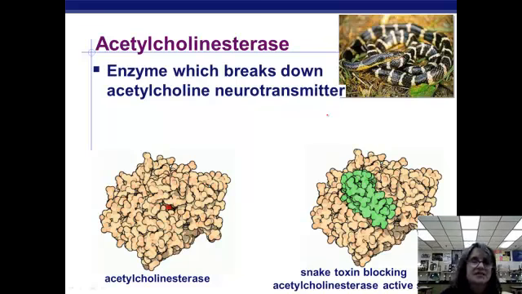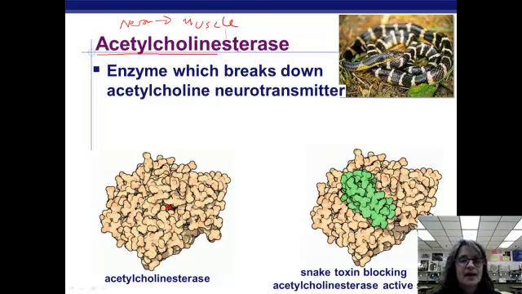Let's look at this. Acetylcholinesterase. Good Lord, that's a big word, but really, it's not that big a deal. All right, acetylcholine is a neurotransmitter that jumps from a neuron to a muscle cell. Okay? ACE is telling us this is an enzyme. Acetylcholinesterase is the enzyme that cleans acetylcholine out of the receptor in which it has landed.